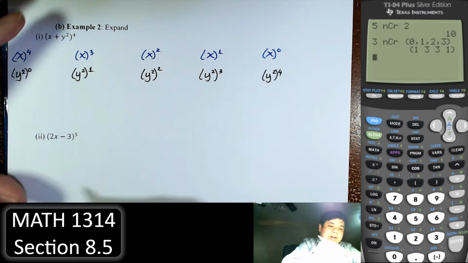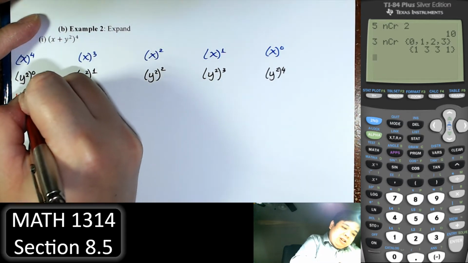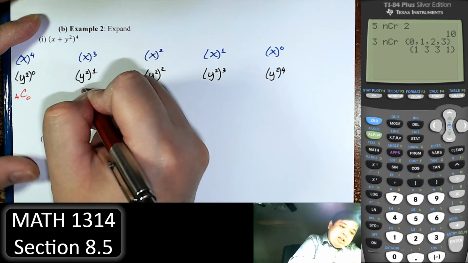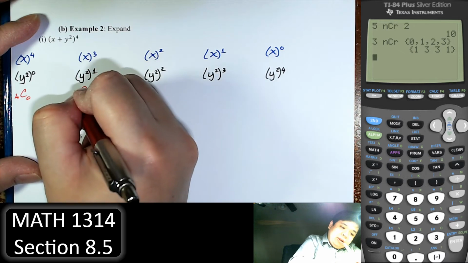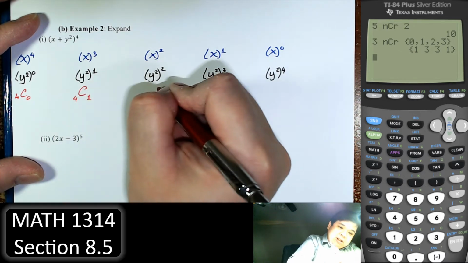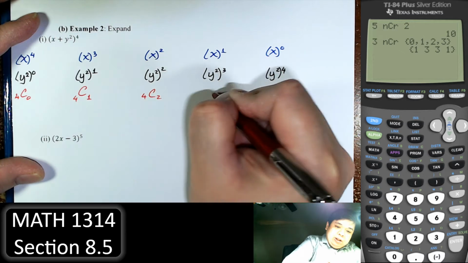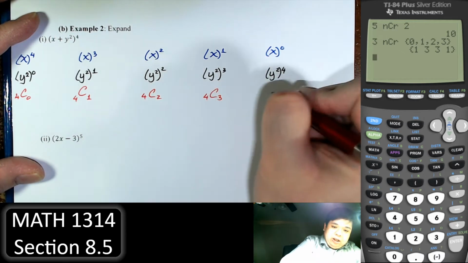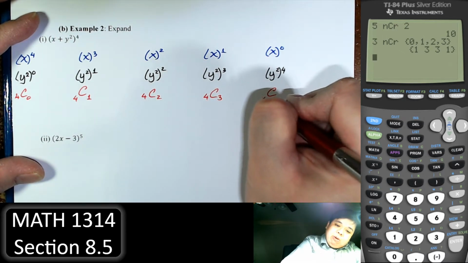And then the coefficient for C0, for C1, for C2, for C3, and for C4.